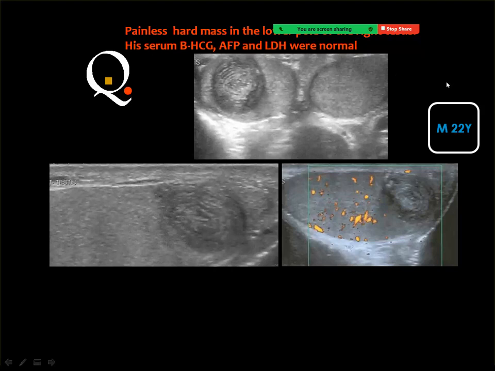In this case, the patient had painless hard mass and his serum BHCG, alpha fetoprotein and LDH were normal. His age is 22 years old and the lesion is devoid of vascularity on Doppler imaging.